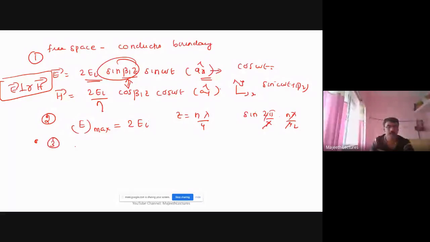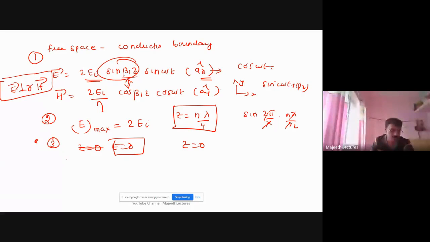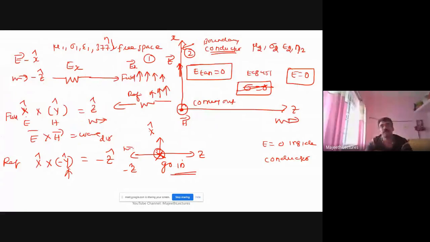Third, when z is equal to 0, what will happen? When z is 0, sin 0, so E is equal to 0. Fine? Okay. Fourth one. See, z is 0 means what? This is z.